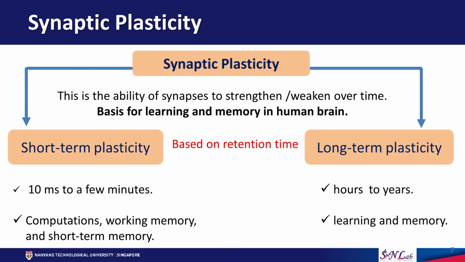If there is less activity, then the strength gets weakened. This synaptic plasticity is very important because it is responsible for all the learning and memory happening in the human brain. So for neuromorphic computing applications, it is essential to mimic the synaptic plasticity in our electronic devices.